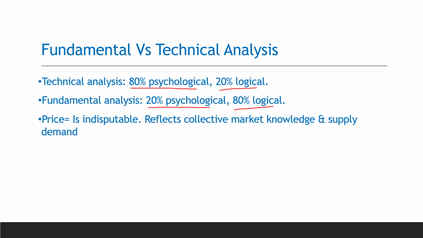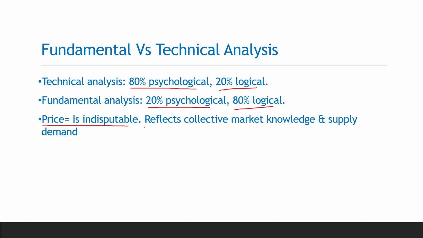One major assumption which technical analysis makes is that price is indisputable and it reflects the collective market knowledge. So when I say collective market knowledge, technical analysis assumes that whatever is known for a particular company or a particular share, whether you know it or not, somebody might be knowing it.